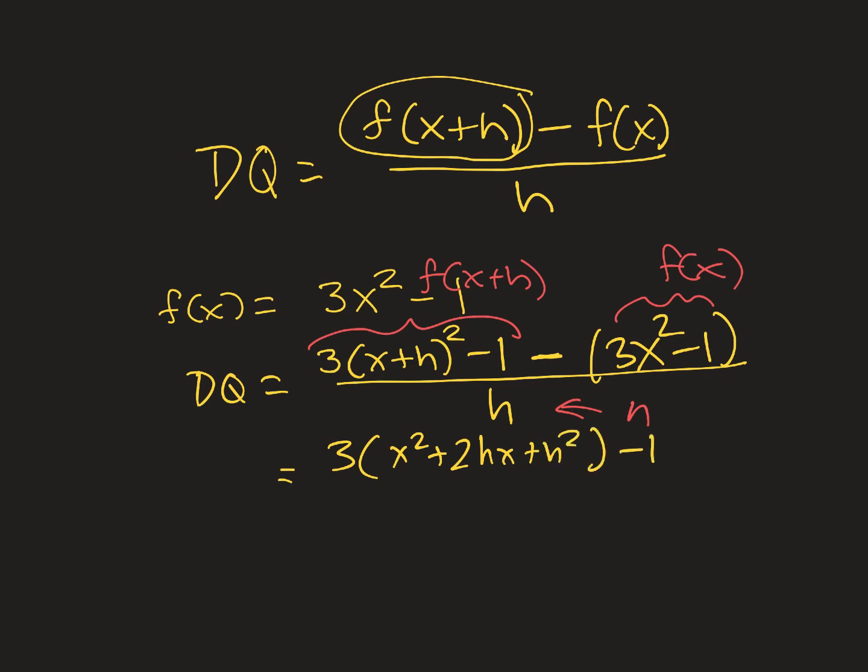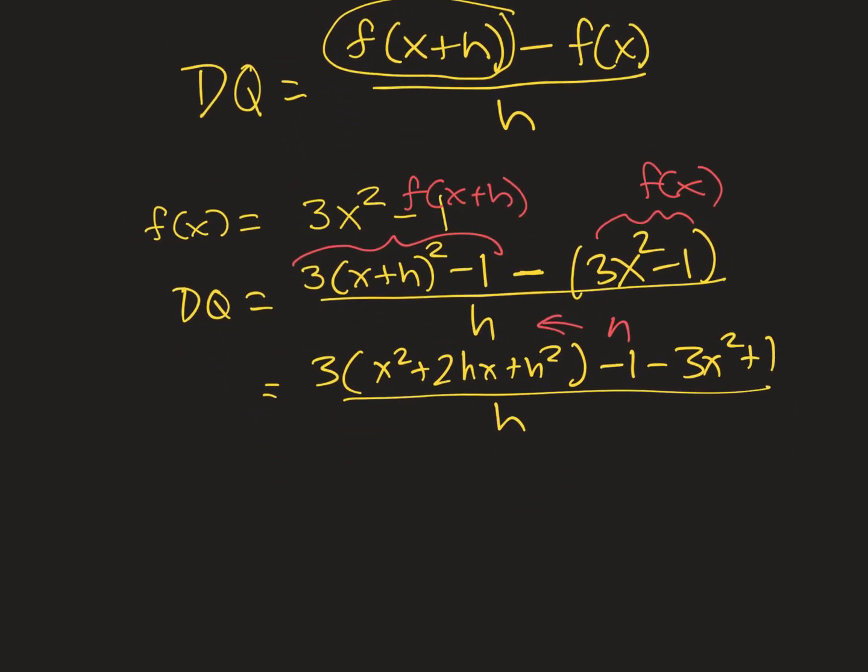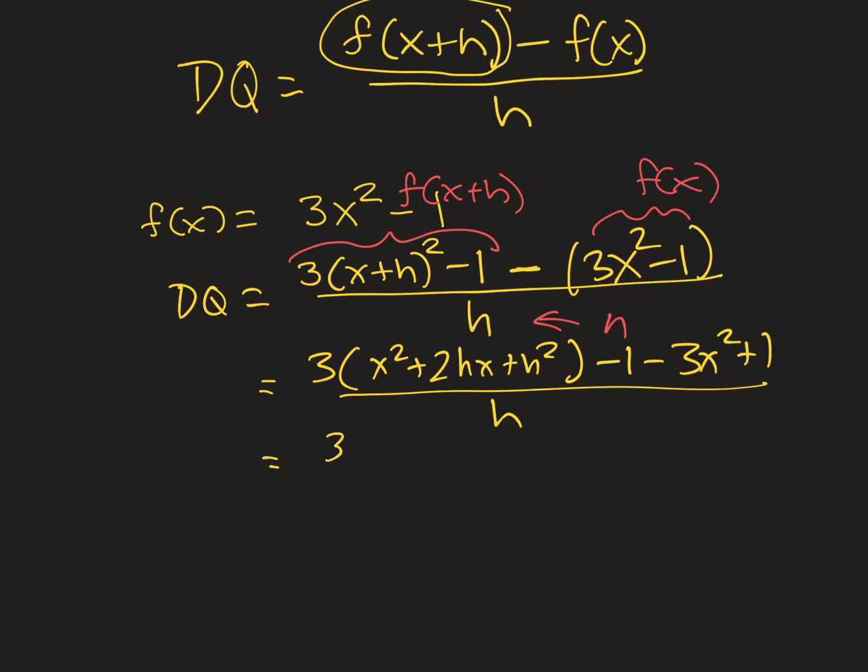Then I've got minus 1 minus (3x squared minus 1) all over h. Let's distribute the 3. So 3x squared plus 6hx plus 3h squared minus 1 minus 3x squared plus 1. Okay, over h.